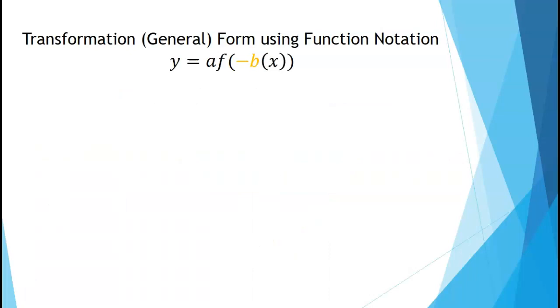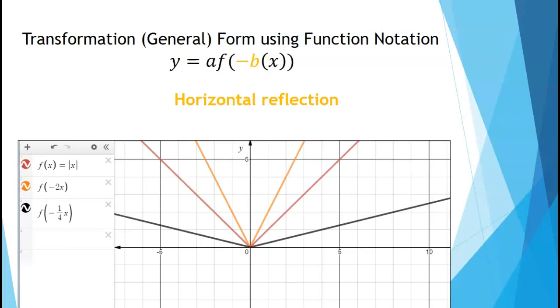Now, we can also have a reflection, a horizontal reflection. So if b is negative, that's what we have, a horizontal reflection.